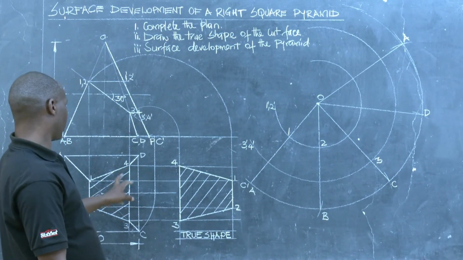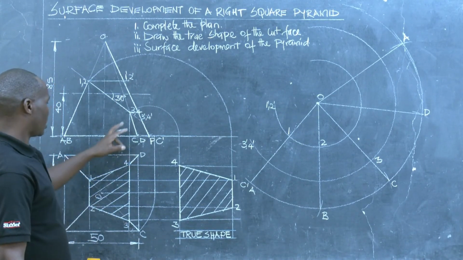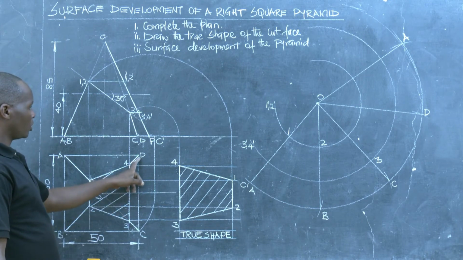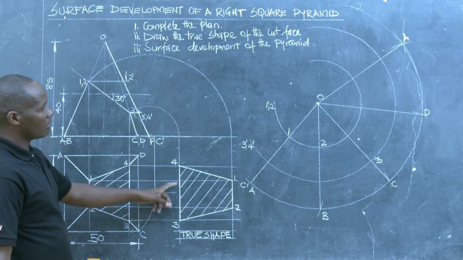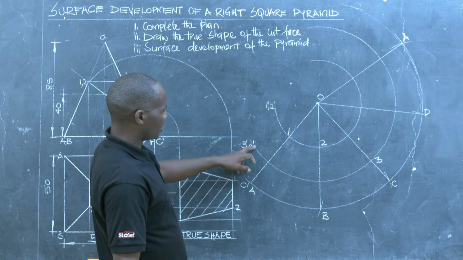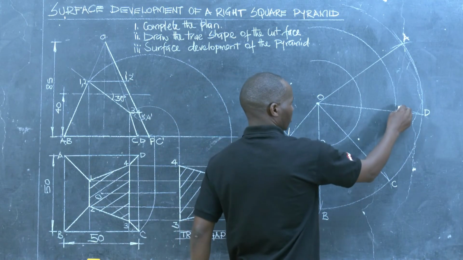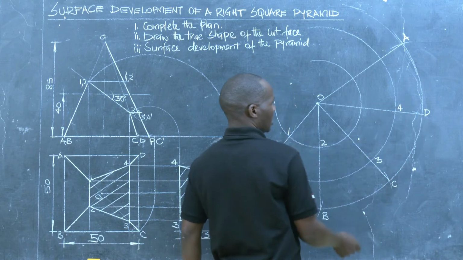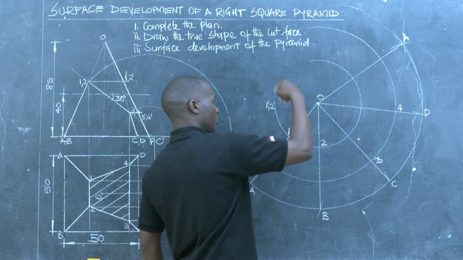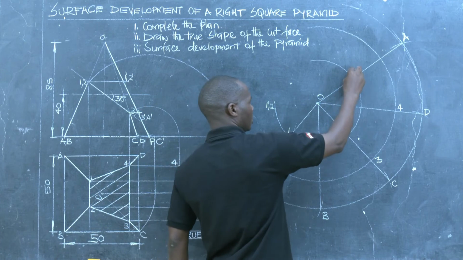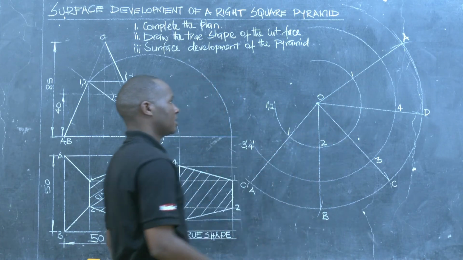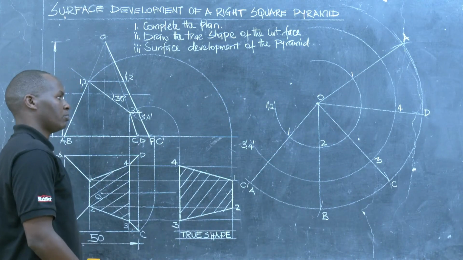Then point 4 again will be given by the intersection of radial line OD and arc 3 prime, 4 prime. And of course, OA should give us again point 1, so that it can cross back to point 1.